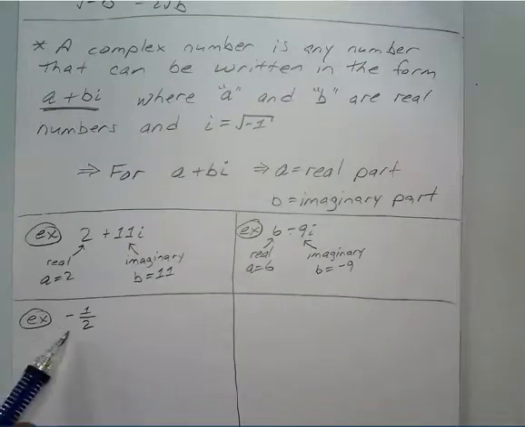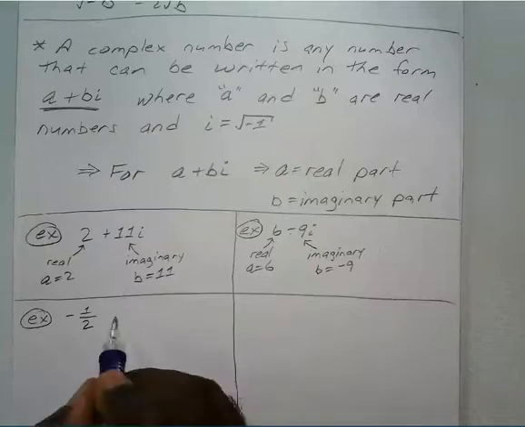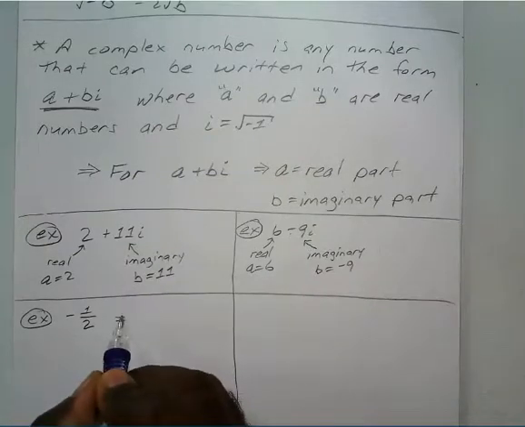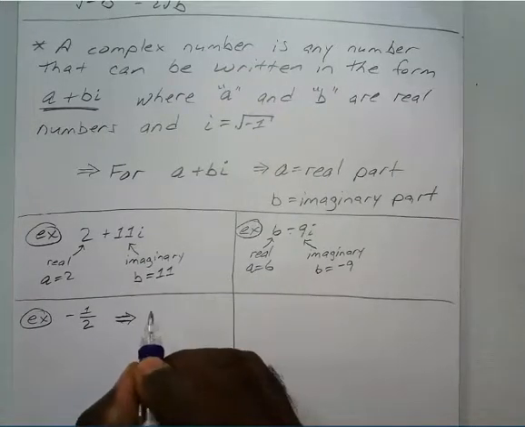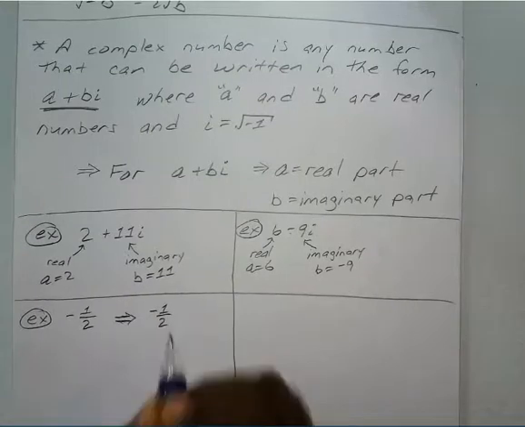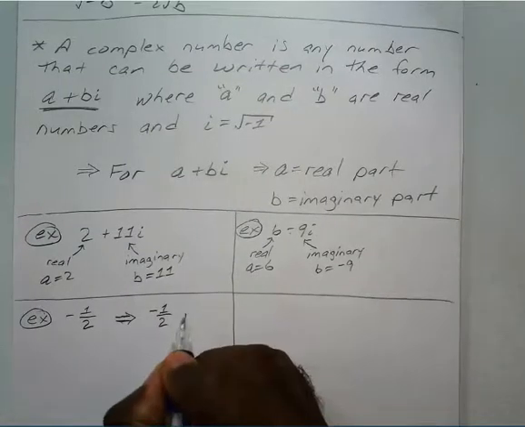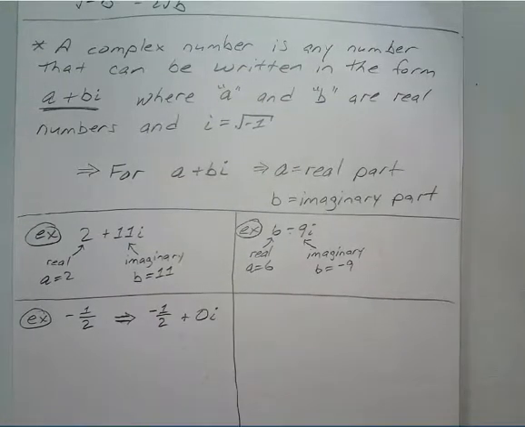Just a real number can be written as a complex number, because all you're going to do is rewrite it. So you have negative 1/2 plus 0i. So even if it's just a real number, it can be written as a complex number. It's just 0 times i.